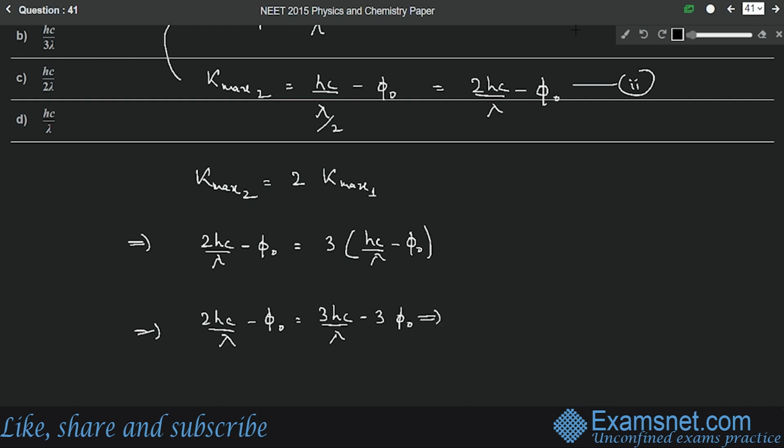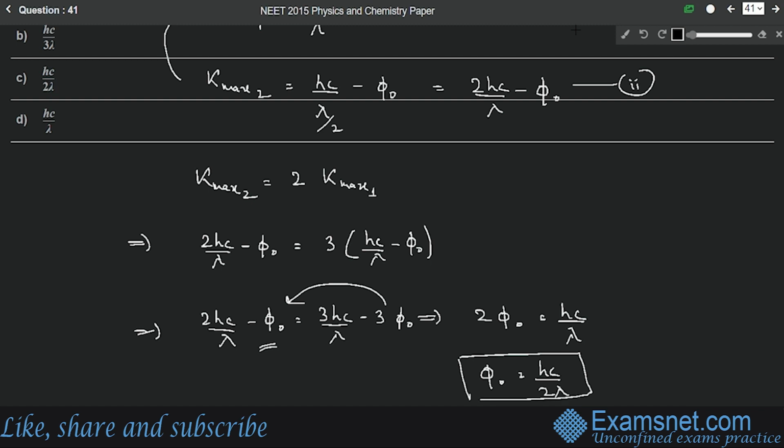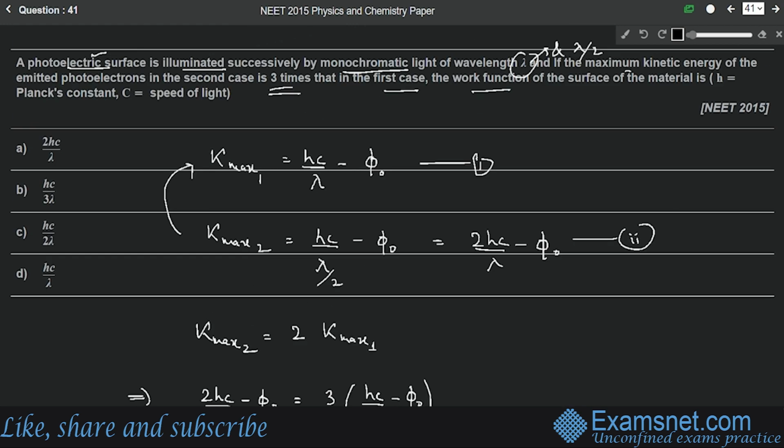So we can say that minus phi naught plus 3 phi naught, that means 2 phi naught, is equal to 3 hc by lambda minus 2 hc by lambda, that means hc by lambda. So phi naught will be equal to hc by 2 lambda, right? So this is the work function, hc by 2 lambda. Now let's see the options. Option C will be the correct answer.